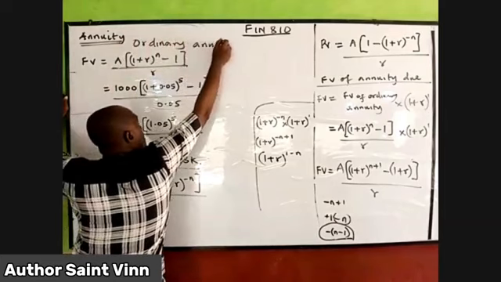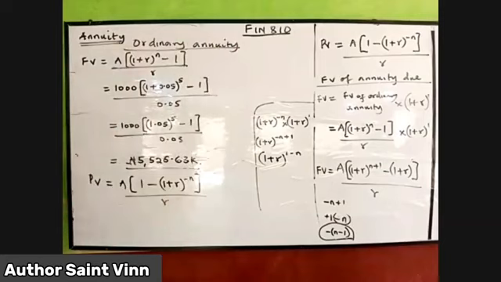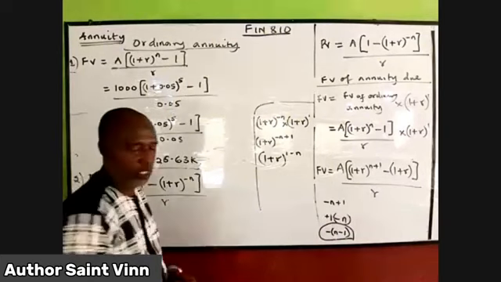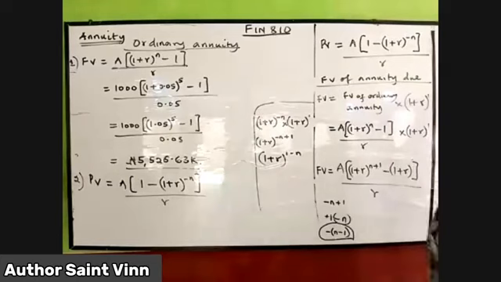These two questions are all ordinary annuity, and we will use the same question and turn it to annuity due, so that we know we have taught the whole form. That's the formula. Those of us online, how far?